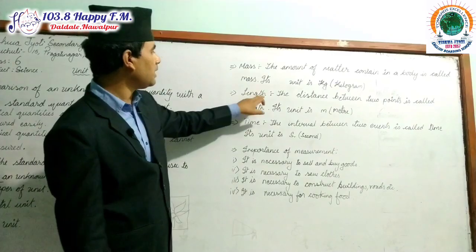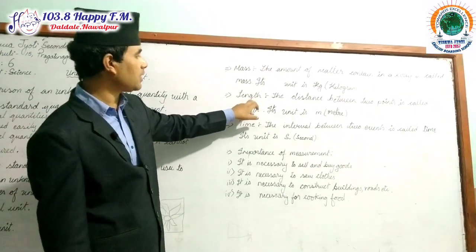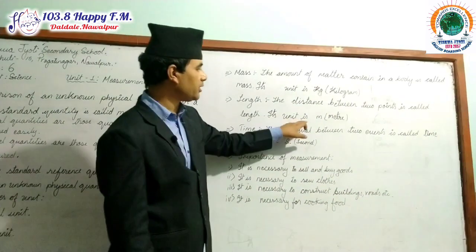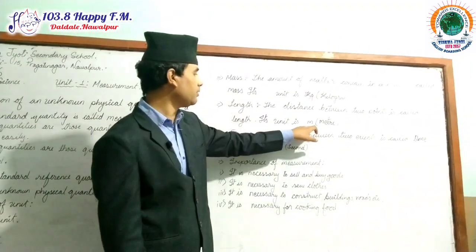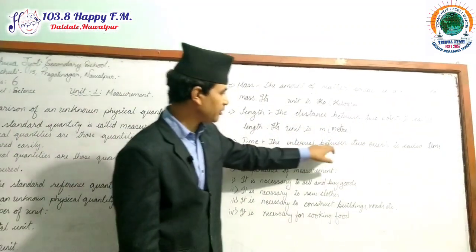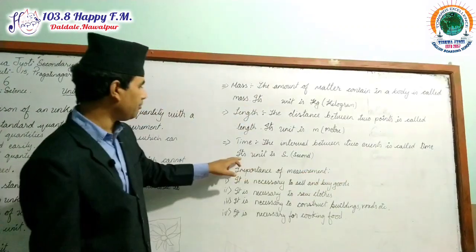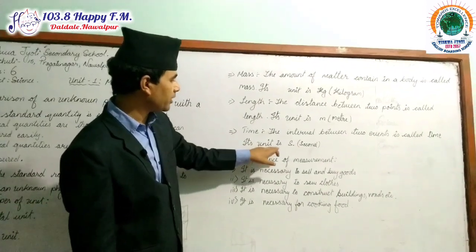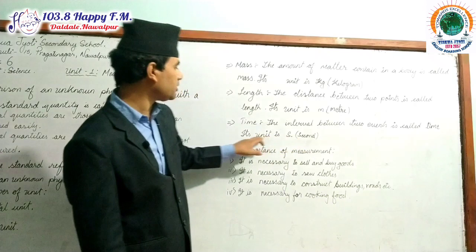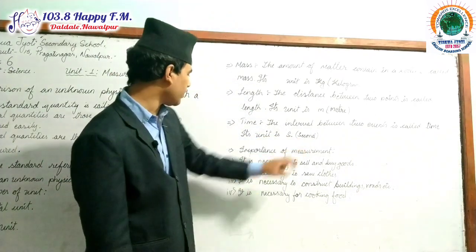Similarly, point number 2 is length. The distance between two points is called length. Its unit is meter. Similarly time. The interval between two events is called time. Its unit is second. Time we measure in seconds.